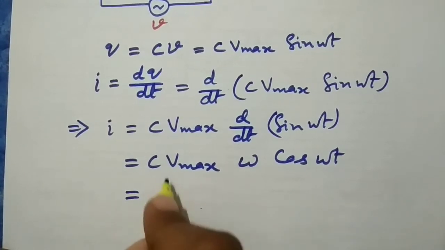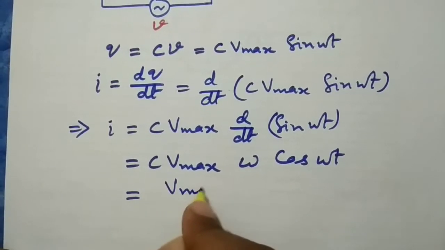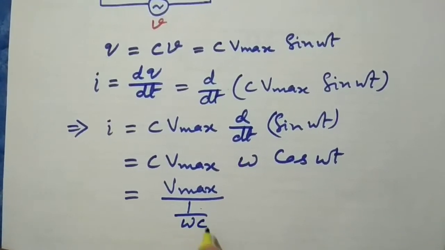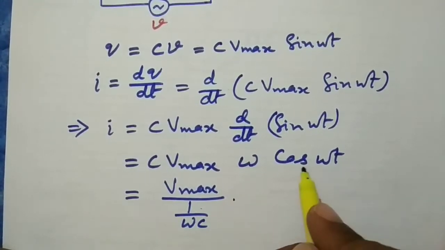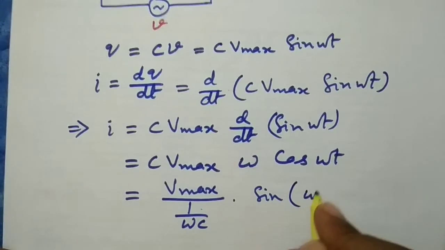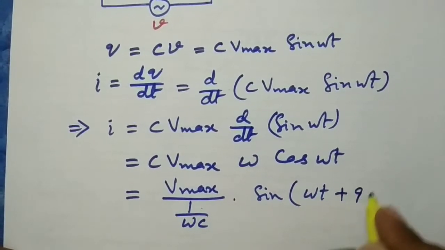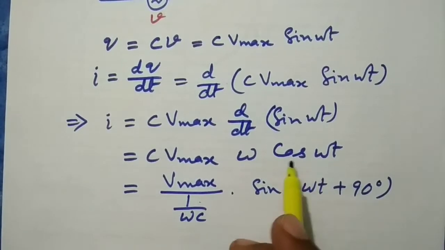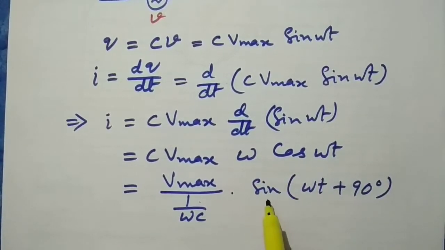This value can be written as V max upon 1 upon omega C, and the cos omega t can be converted to a sine value, so it will be sin(omega t plus 90 degrees). As the sine before the cosine term is positive, here it is sin(omega t plus 90 degrees).